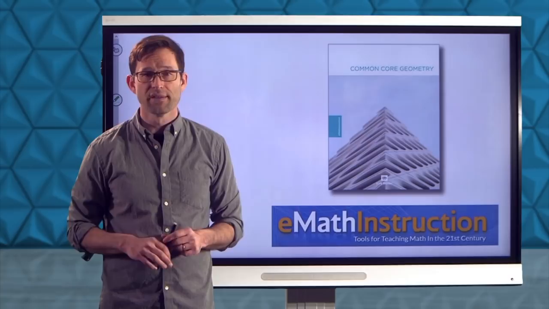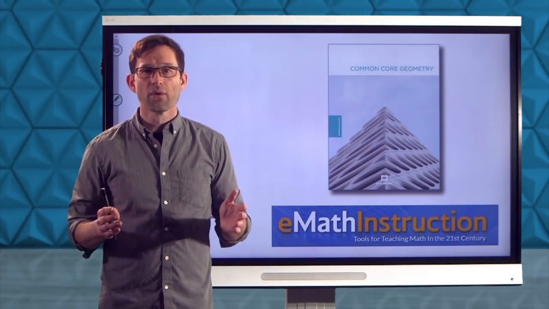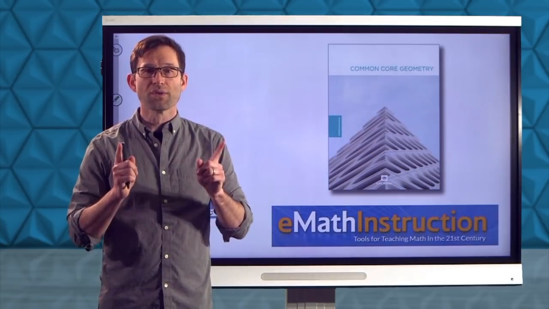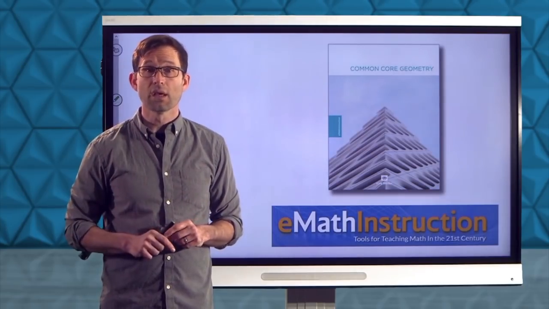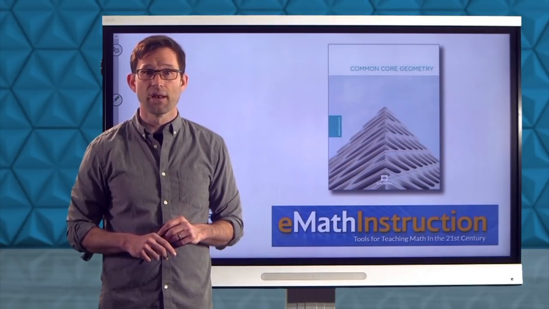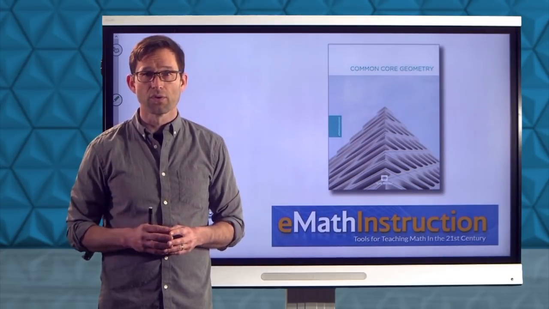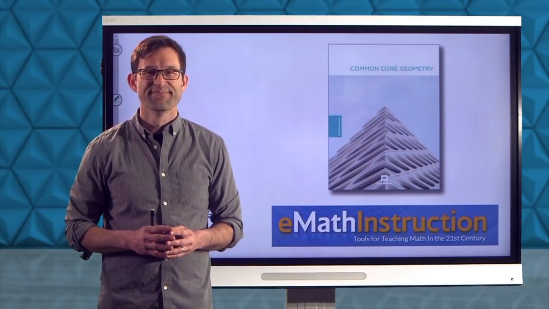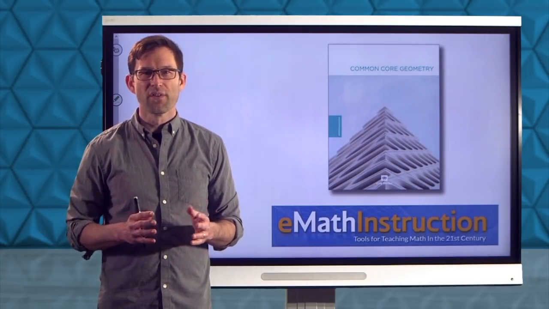So the triangle has to be isosceles. Equal angles in a triangle mean equal sides in a triangle. And equal sides in a triangle means equal angles in a triangle. The same cannot necessarily be said about other more complicated figures like quadrilaterals or pentagons or hexagons, etc. All right, we'll get into those in future lessons.